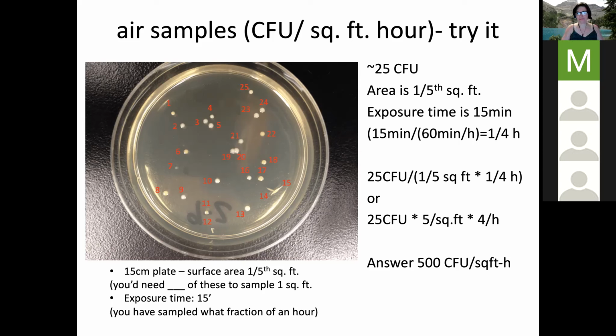That's right, exactly. So if we get 25 after just 10 minutes, and we know that there's 6 10-minute intervals in an hour, we could just multiply this by 6 and then we would find out how much would have fallen in a full hour. Does that help at all?